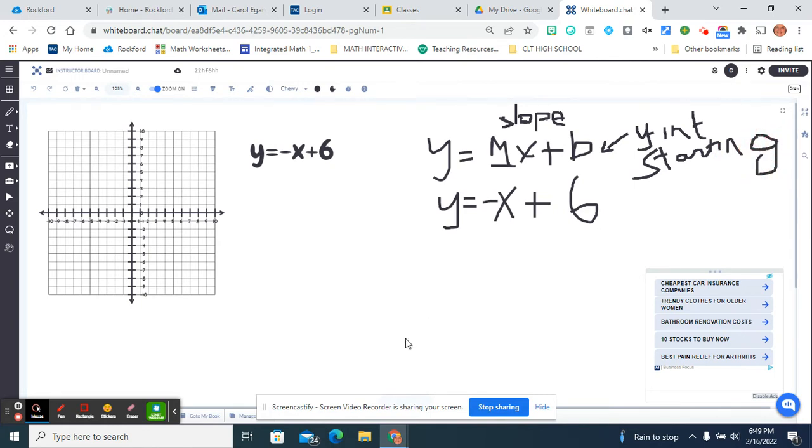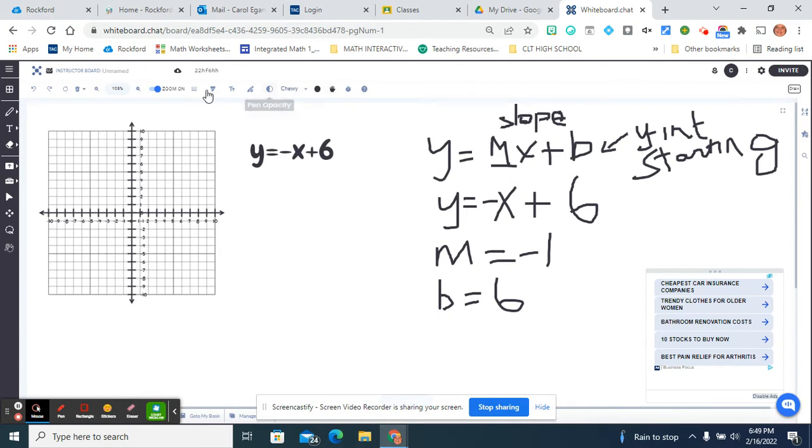So starting point is just like what it sounds. It's where we want to start at. So when I look at this equation, I can see that m is negative 1 and b is 6.